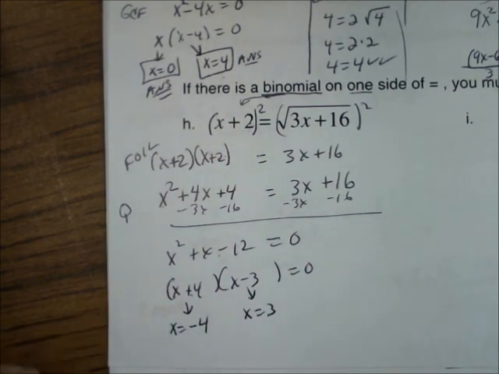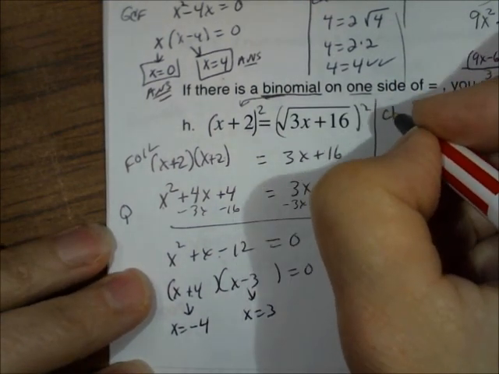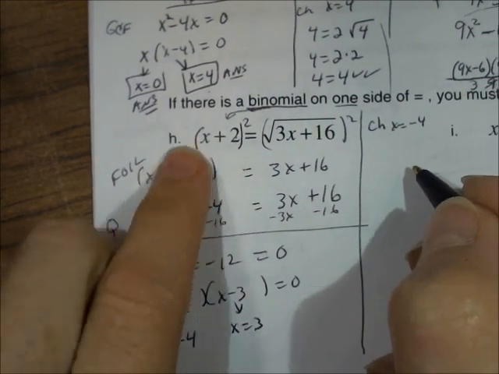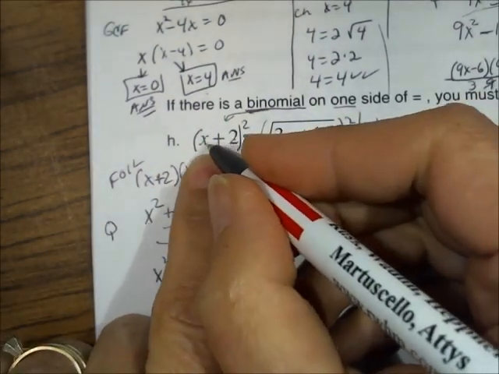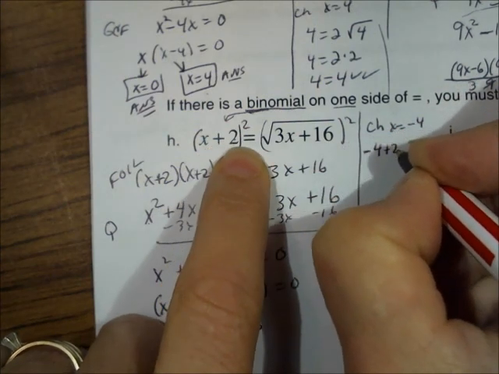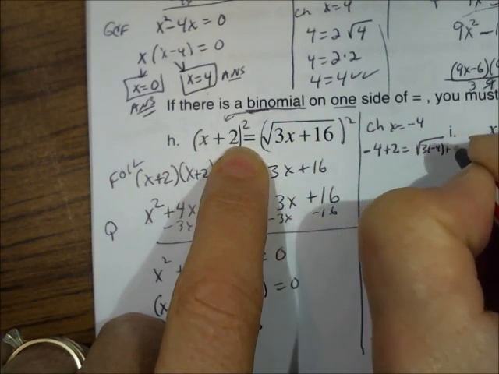But we don't know if those are actually the answers until we check. So let's check x equals negative 4 first in the original equation. So this says x plus 2, which is negative 4 plus 2. Does that equal the square root of 3 times negative 4 plus 16?